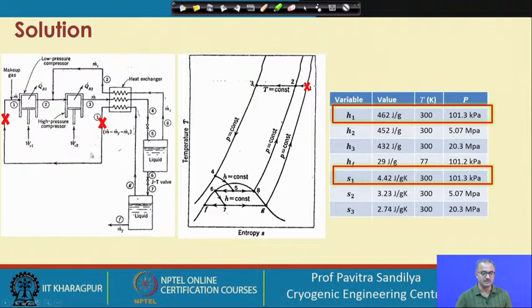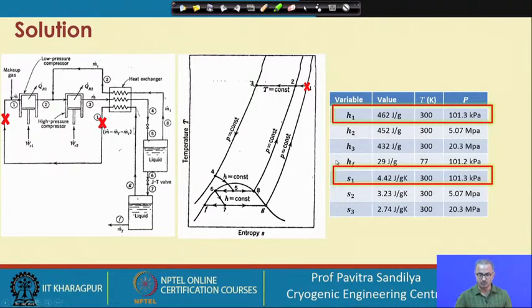So this is the inlet condition to the first compressor, and that is state 1. At state 1 we get the values of the enthalpy and the entropy, and we have also written the temperature, given as 300 K and 101.3 kilopascal.